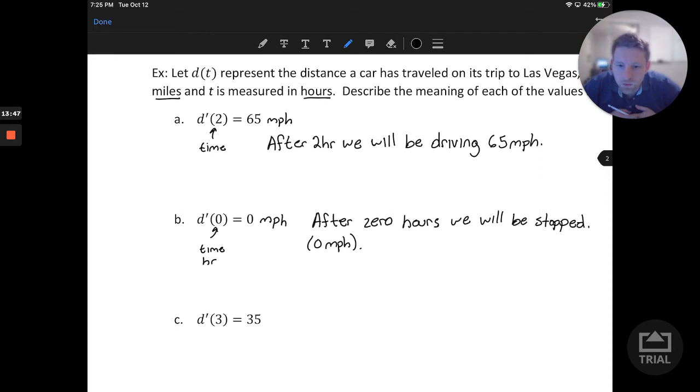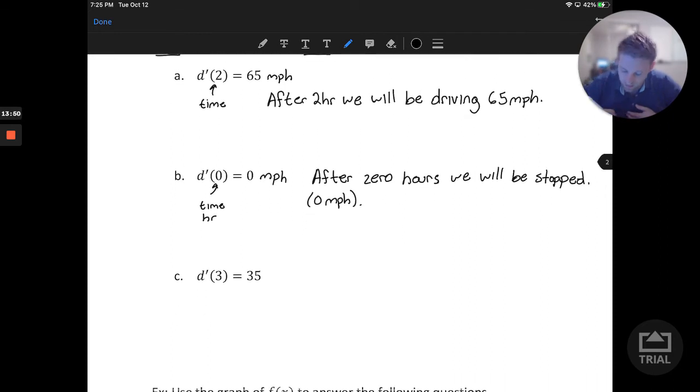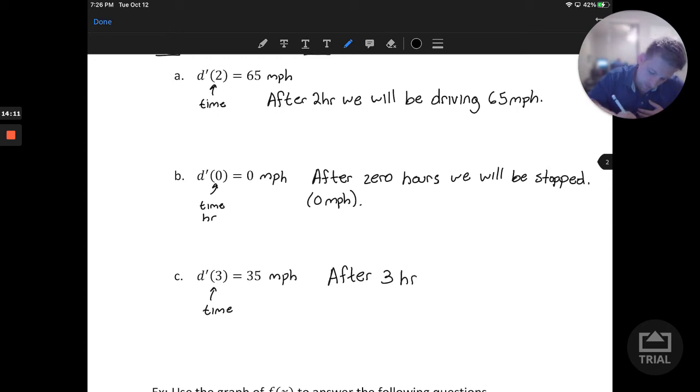And then the final one looks like d prime of 3 here, in similar fashion as number 2. Again, the input is still time. Our output is in speed, miles per hour. And so here we would say that after 3 hours, or at 3 hours, we will be driving at 35 miles per hour.